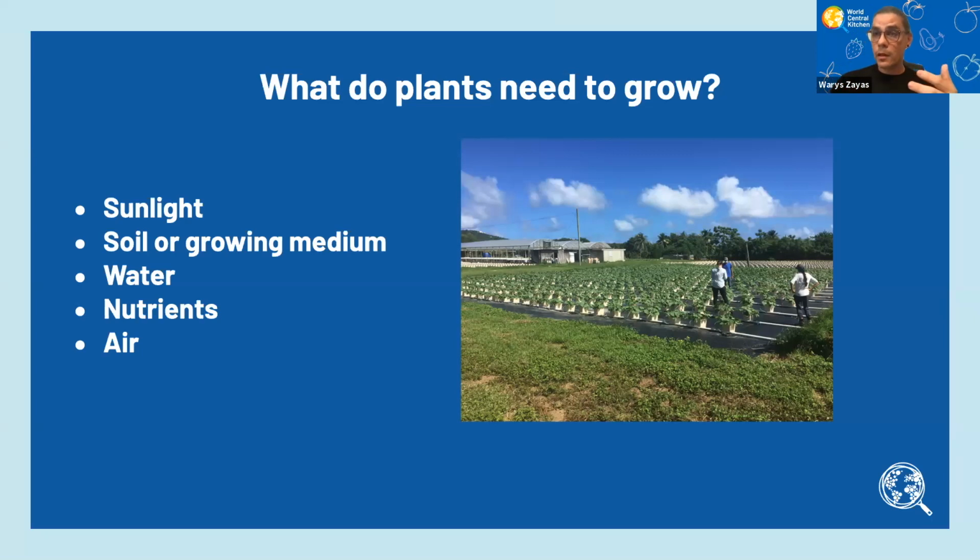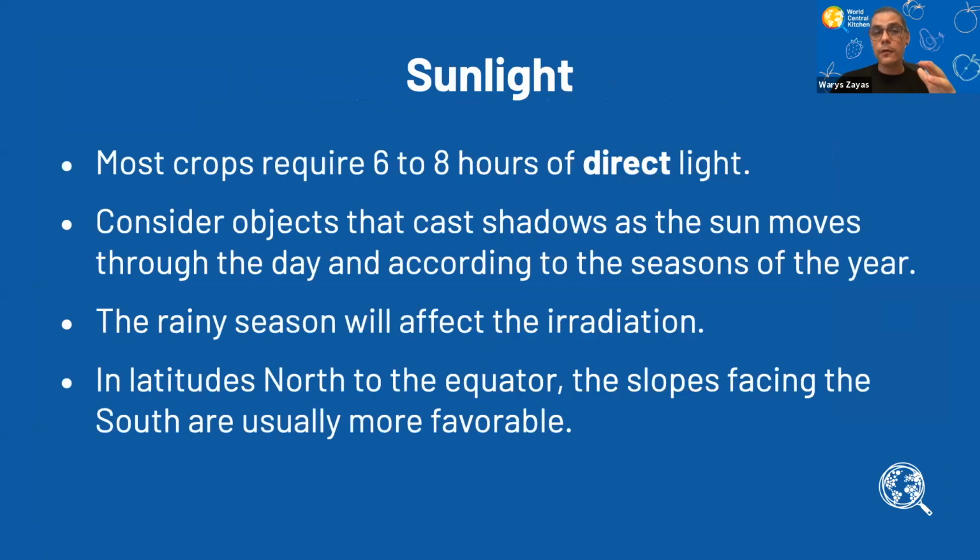Especially with the sunlight. Most crops require 6 to 8 hours of direct light. And I put that in bold because, in my experience, previously, before working with Work Central Kitchen, I worked for around 3 to 4 years as an independent contractor, and some people called me saying they were experiencing problems with pests or disease or the plants were not growing in the right conditions.